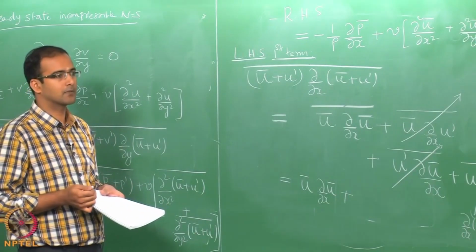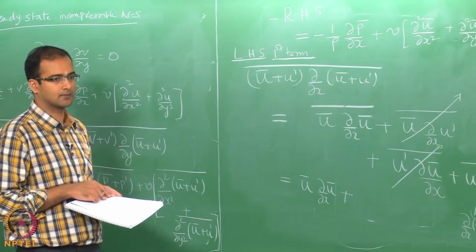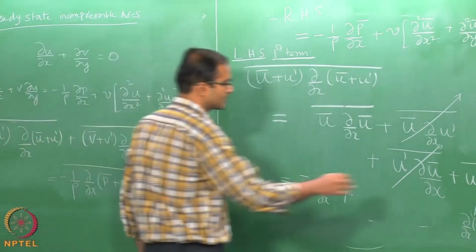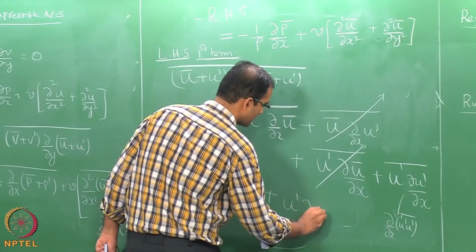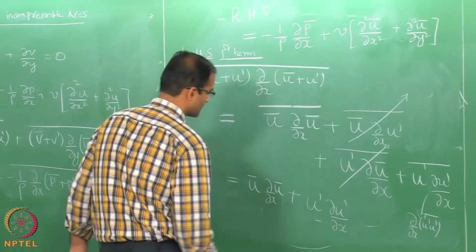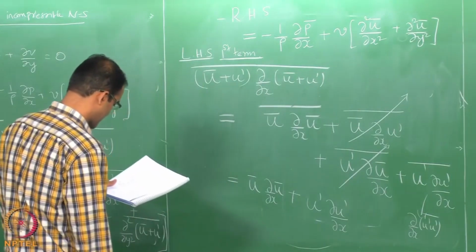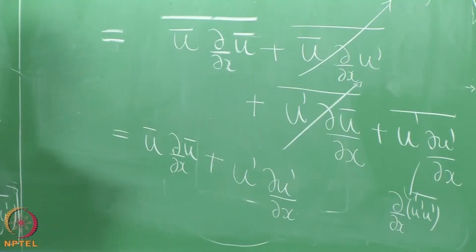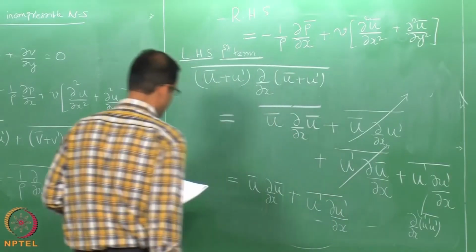You have to be very careful, because this is the one which comes as turbulent stresses. So in this case this is a non-zero quantity. We will just write it as u prime into du prime by dx. We can put the averaging there, but that does not matter, so we can leave it as it is and just keep the averaging operator like this.